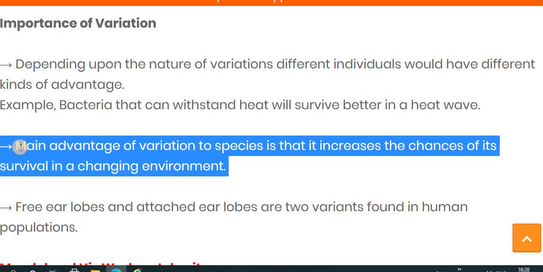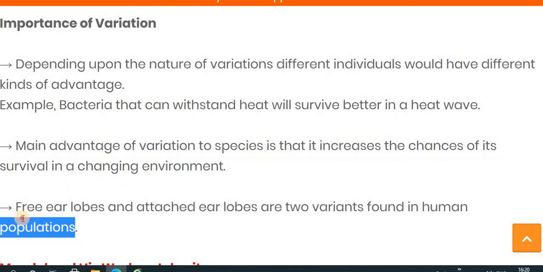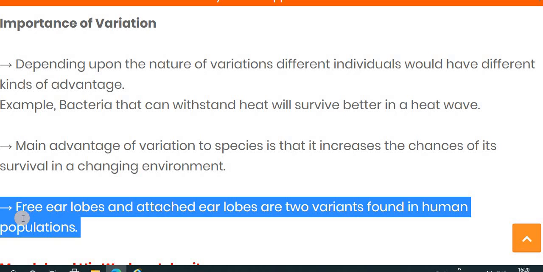The second most important thing, the importance of variation, is about survival. And the next one is free and attached earlobes.